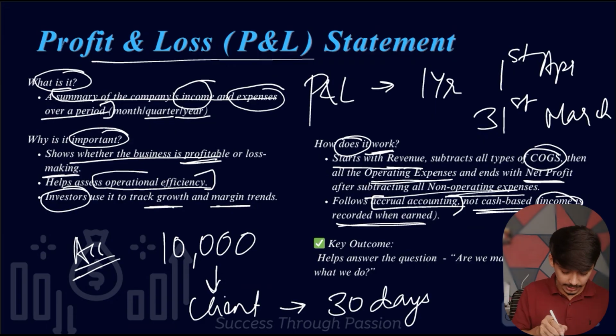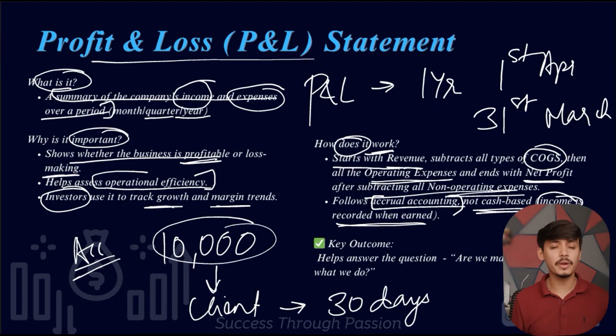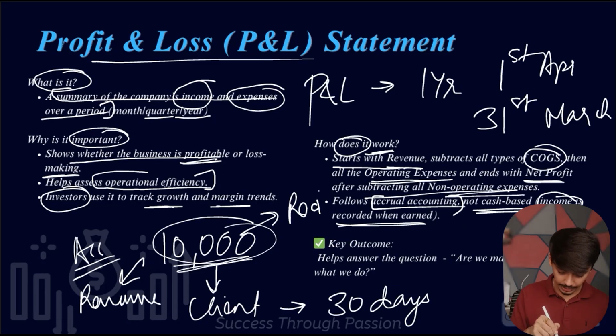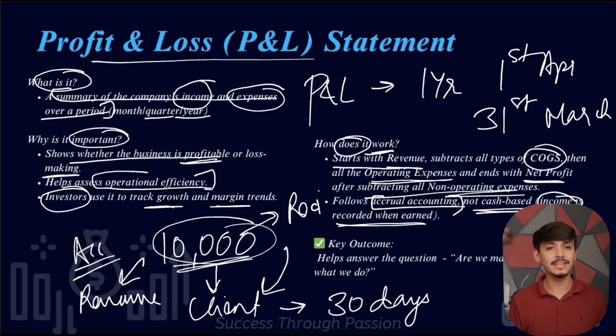You will record this 10,000 in your books of account as soon as you have sent out the goods to the client. So you have earned this income in your books and you have not collected it yet. This 10,000 will be in your revenue and you will show a receivable in the name of your client. That is how the entire entry is created for this 10,000 amount.